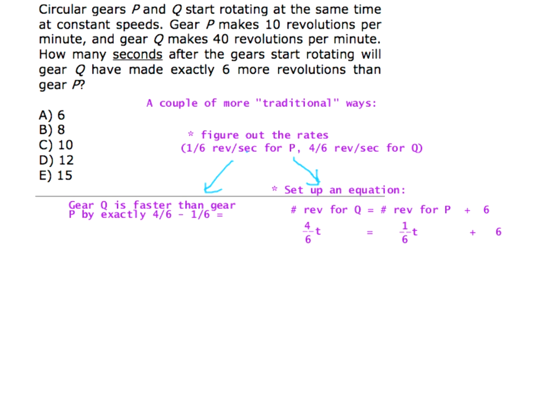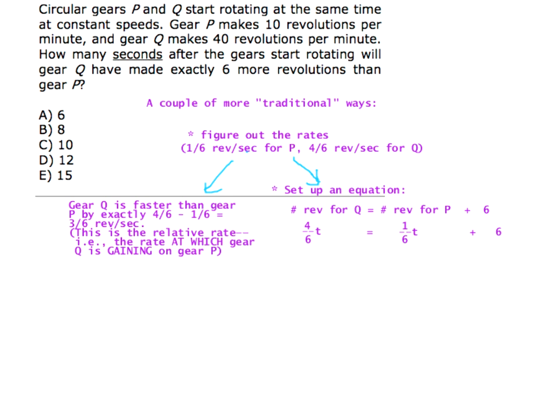That's the relative rate, the rate at which gear Q is gaining on gear P. It's weird to think of this in terms of circular gears because circular gears are not going anywhere.